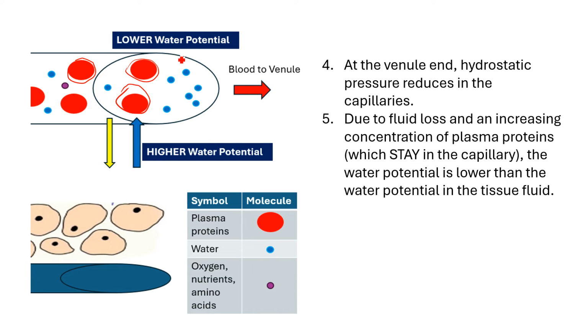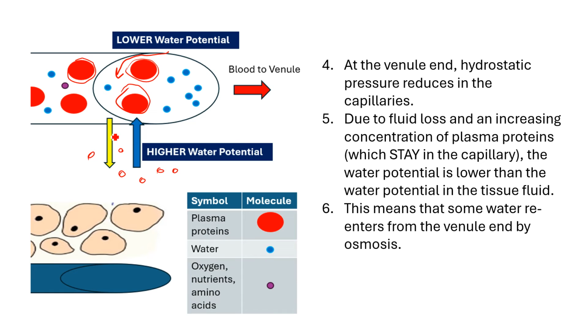Therefore, the water potential inside the capillary is much lower than it is outside. There are lots of molecules of water outside, and this means that some water can re-enter via osmosis.